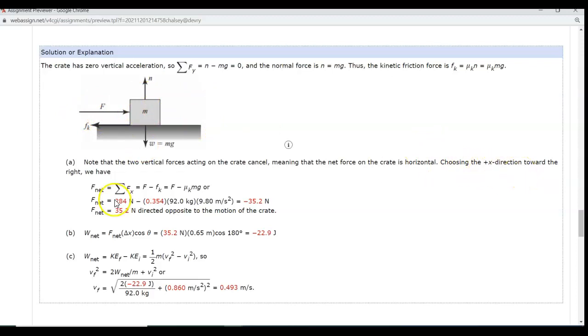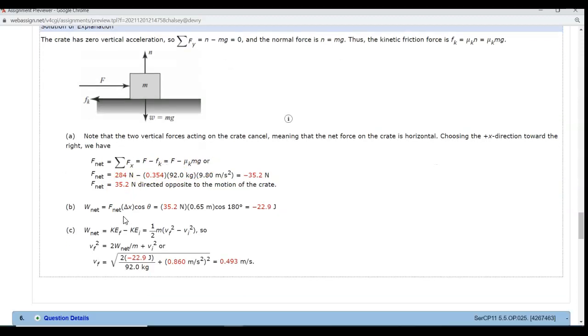Choosing the x direction toward the right, we have the sum of the net forces is the applied force minus the friction force, using that formula we determined up here, that coefficient times mass times gravity.